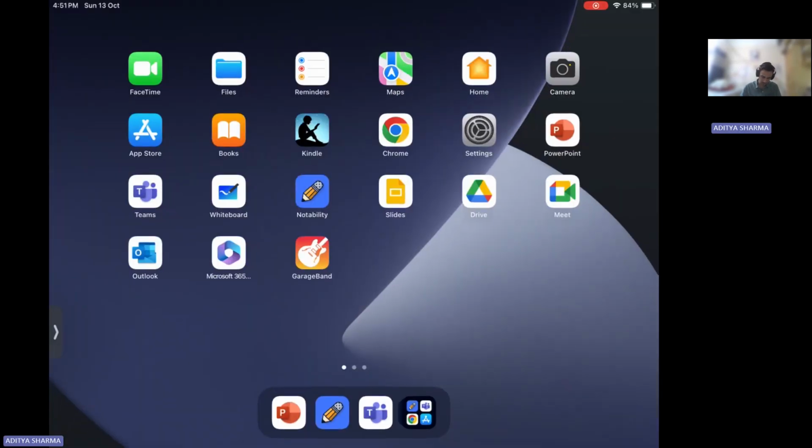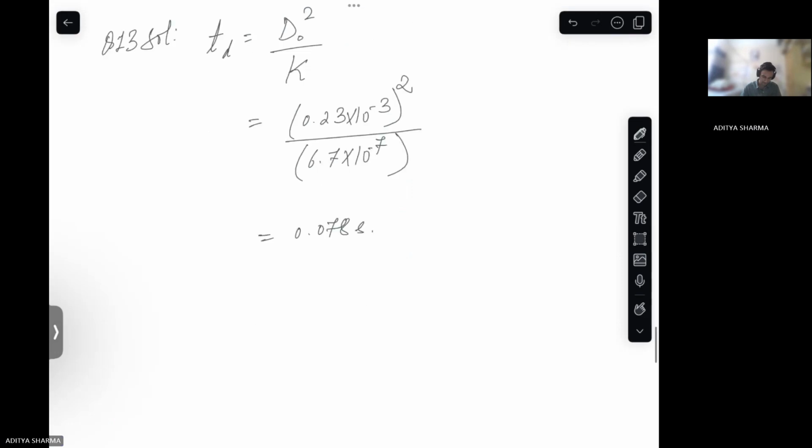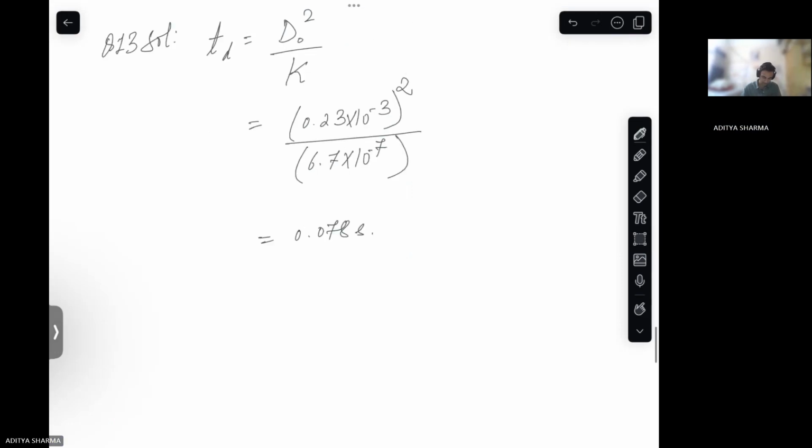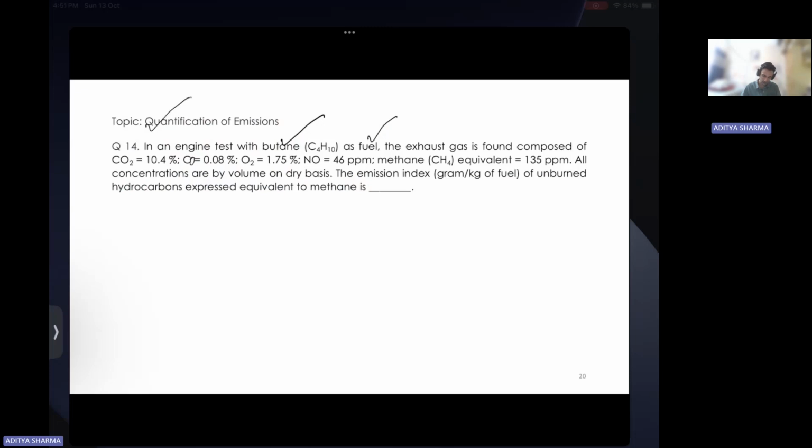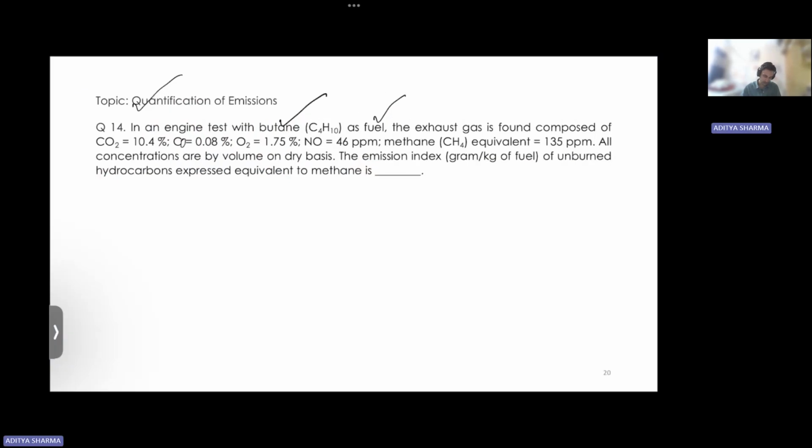Okay, let's do this. So your mole fraction of CO2 is 10.4%. Of your carbon monoxide is 0.0008, because this is 0.08, right?